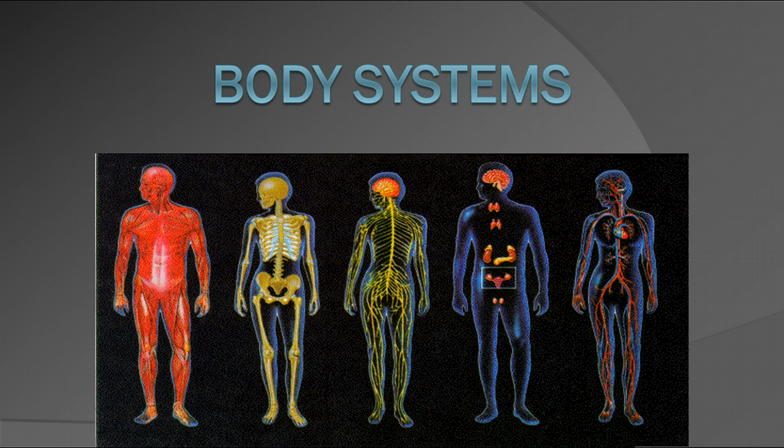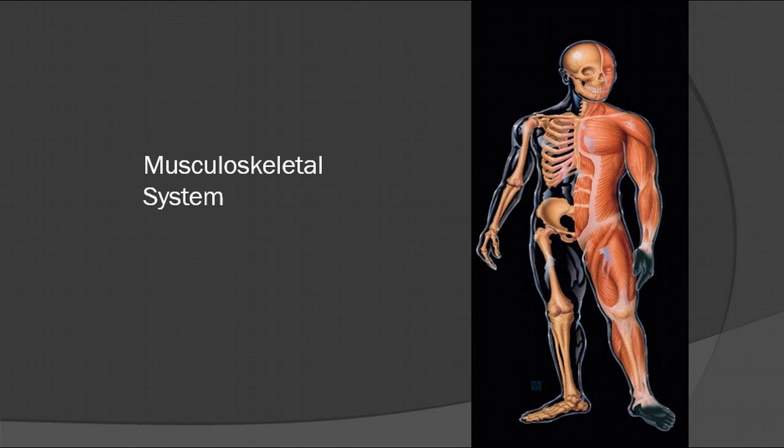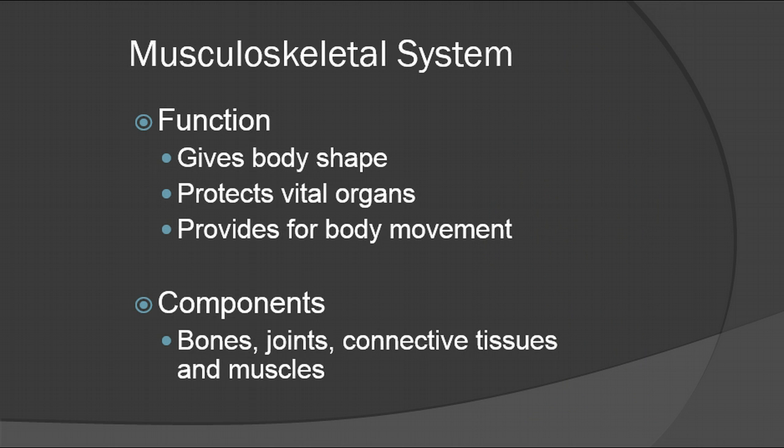Now we have body systems. The first system that we're going to go over is the musculoskeletal system, involving the muscles and the skeleton. So what does the musculoskeletal system do? Well, its function is to give the body its shape, protect the vital organs, and provide body movements.